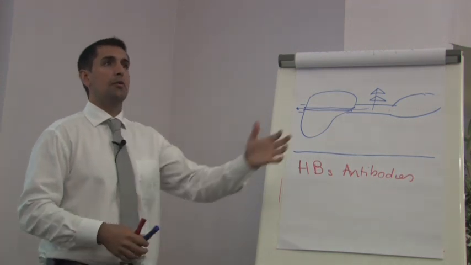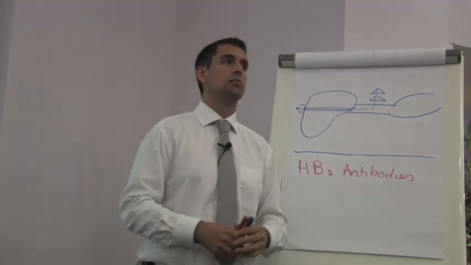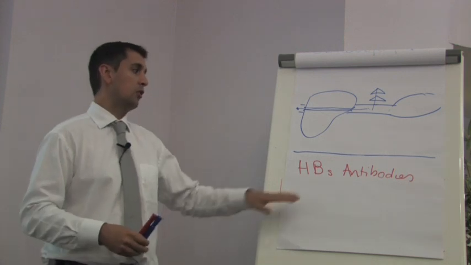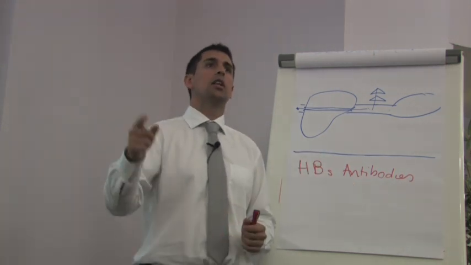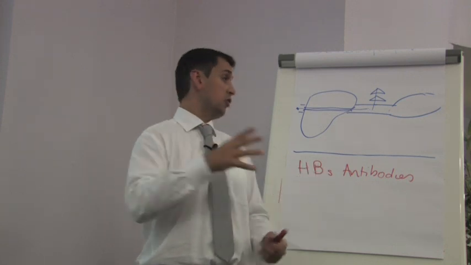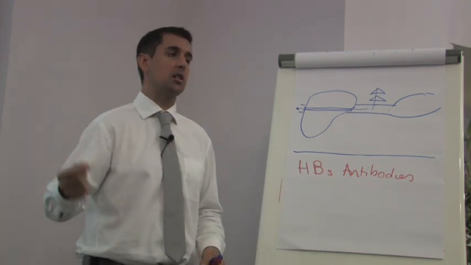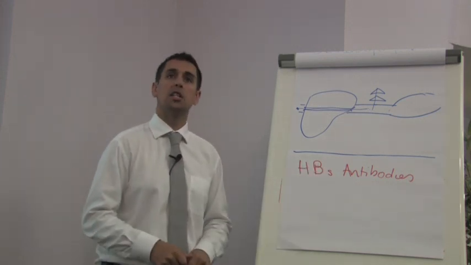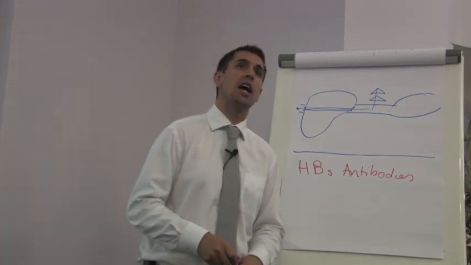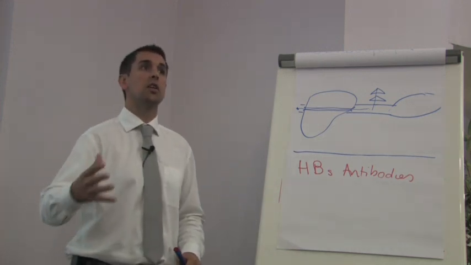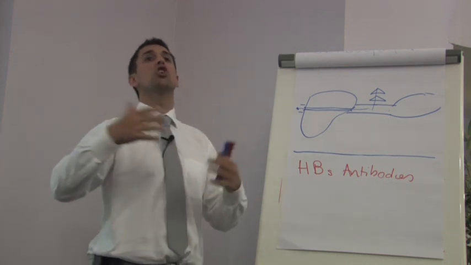Now, if you had a patient walking off the street and you took blood tests from them and you found out that they had hepatitis B surface antibodies, there is no way for you to tell right now, just from that, whether they have been inoculated for hepatitis B, or have just had hepatitis B in the past and seroconverted. So they've had hepatitis B, but their body has cured itself of it.